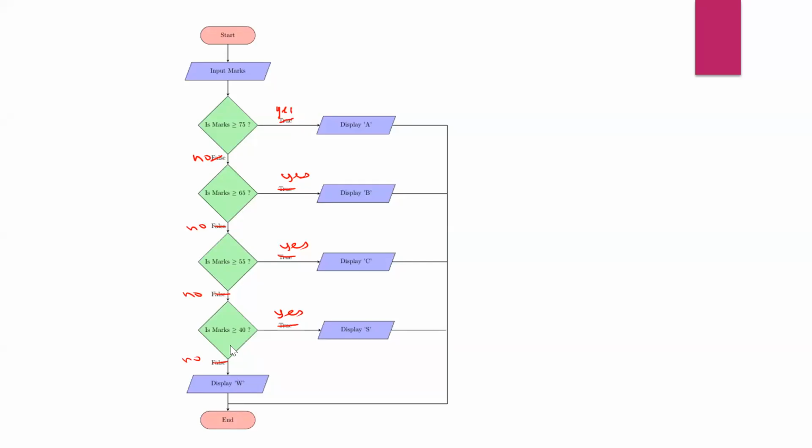If the marks is less than 40 we will display W. So that's how we can also represent it in a slightly different way. Both ways are acceptable. You have to have a start, you have to have an end, and all the outcomes should connect to the end.